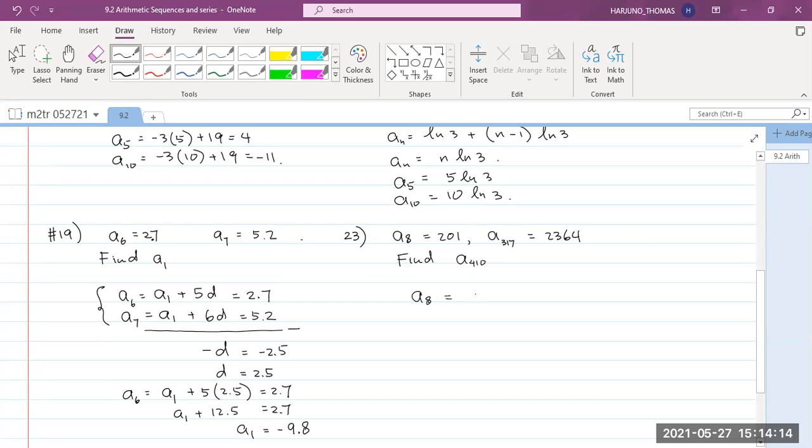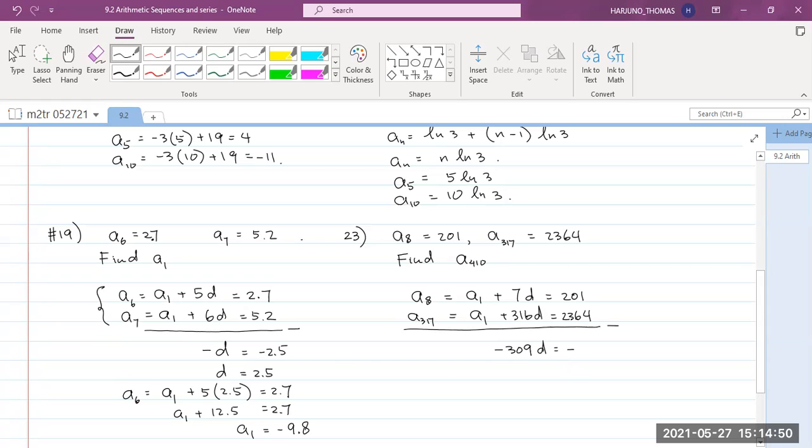The 8th term is the first term plus 7 times the common difference. That's 201. The 317th term is the first term plus 316 common differences. So when we subtract, we get negative 309 times the common difference equals 201 minus 2364.